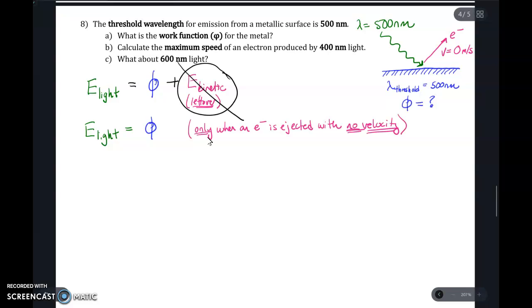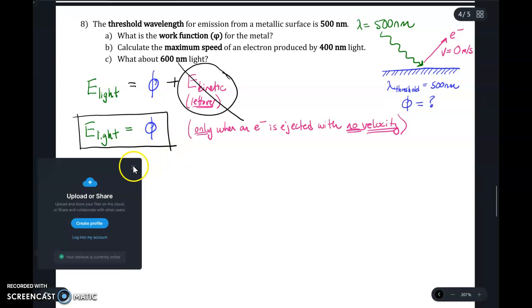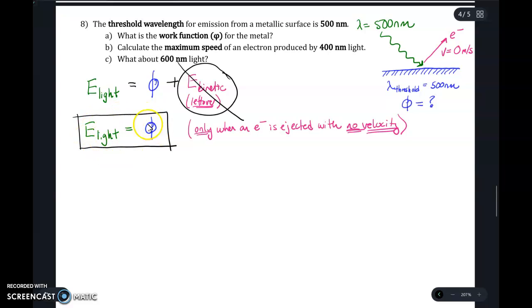I'm really trying to hammer this point down because this equation often ends up being the one that people want to use for all of the photoelectric effect problems. It's an appropriate equation to use in certain situations, but you have to know when those situations occur. The only time you can use this equation is when you know that you have light striking the surface of the metal, ejecting an electron, but that electron has no velocity.